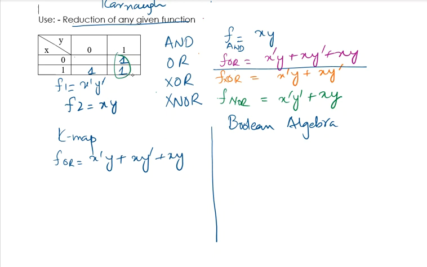So these two ones could be combined together. Similarly, these two ones could be combined together. This represents our G1. This would be our G2. Hence, our F OR would be composed of G1 and G2.